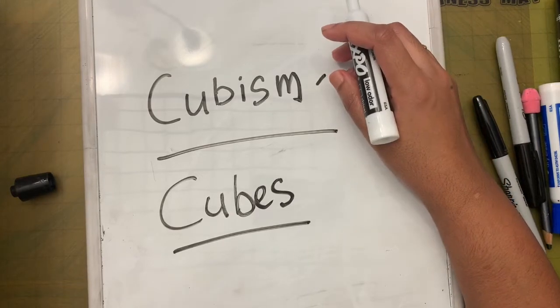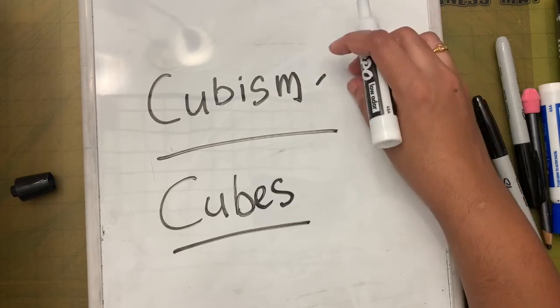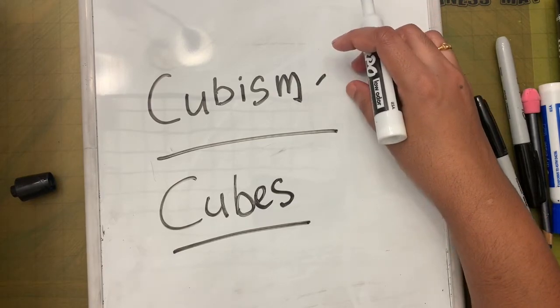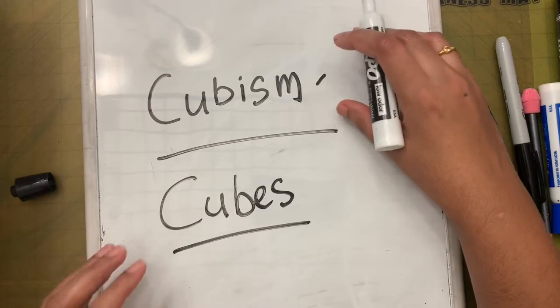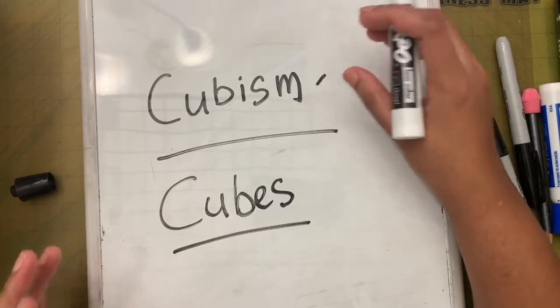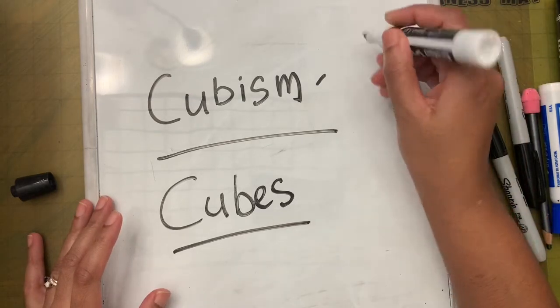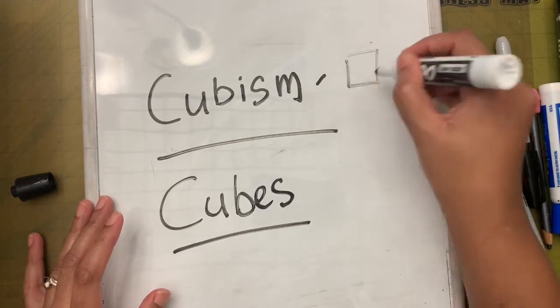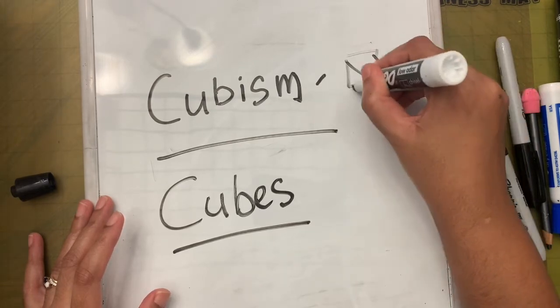So cubism is an art which does that. How they did that is they made the art look like this, made out of cubes and other geometrical shapes. A cube, you know what a cube is? Cube is this.